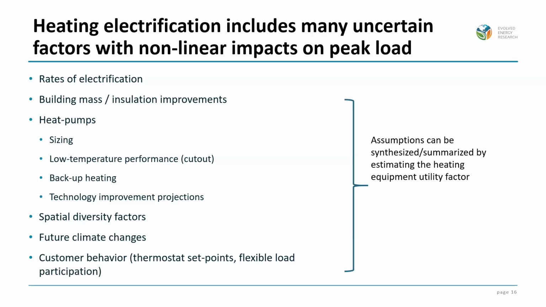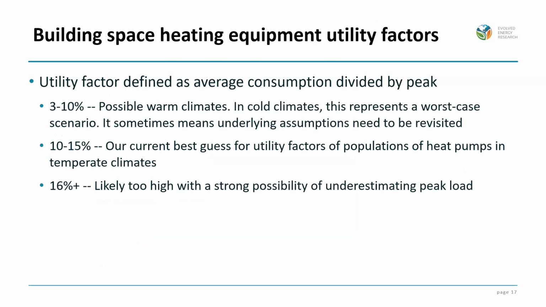And we've been involved in some of those in places like Massachusetts. And you wonder, you projected a 30 gigawatt peak and somebody else projected a 50 gigawatt peak, what's the difference there? Synthesizing these together to look at utility factor can be really helpful.